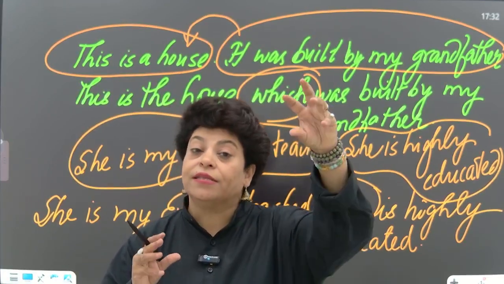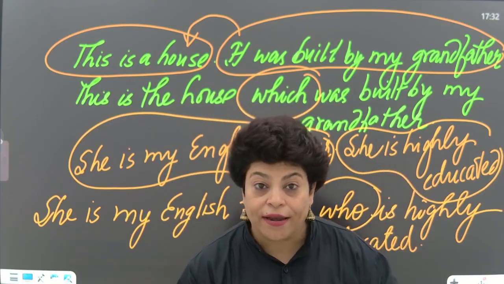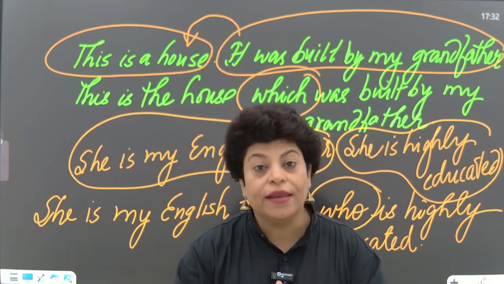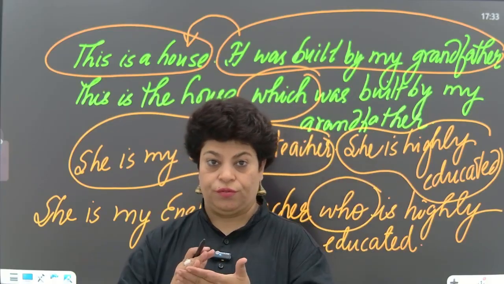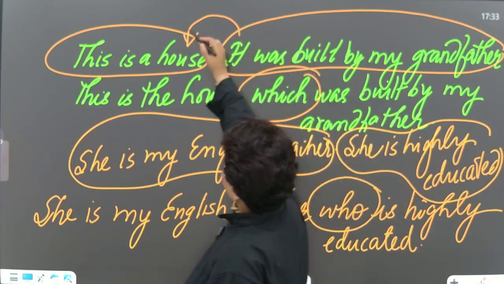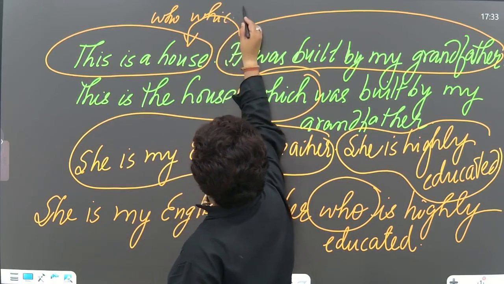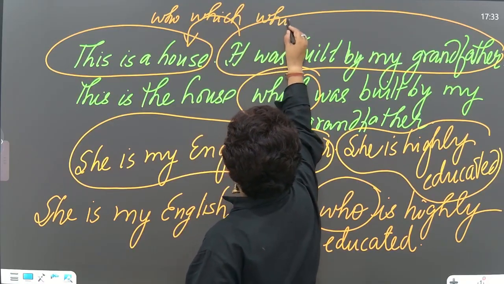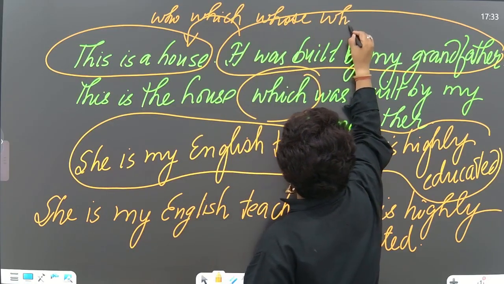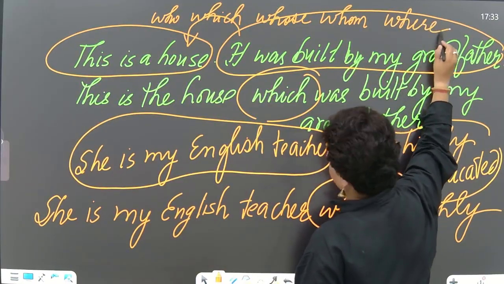Now, what is this word? This word is again subordinating conjunction. Look here. Who, which, whose, whom, where.